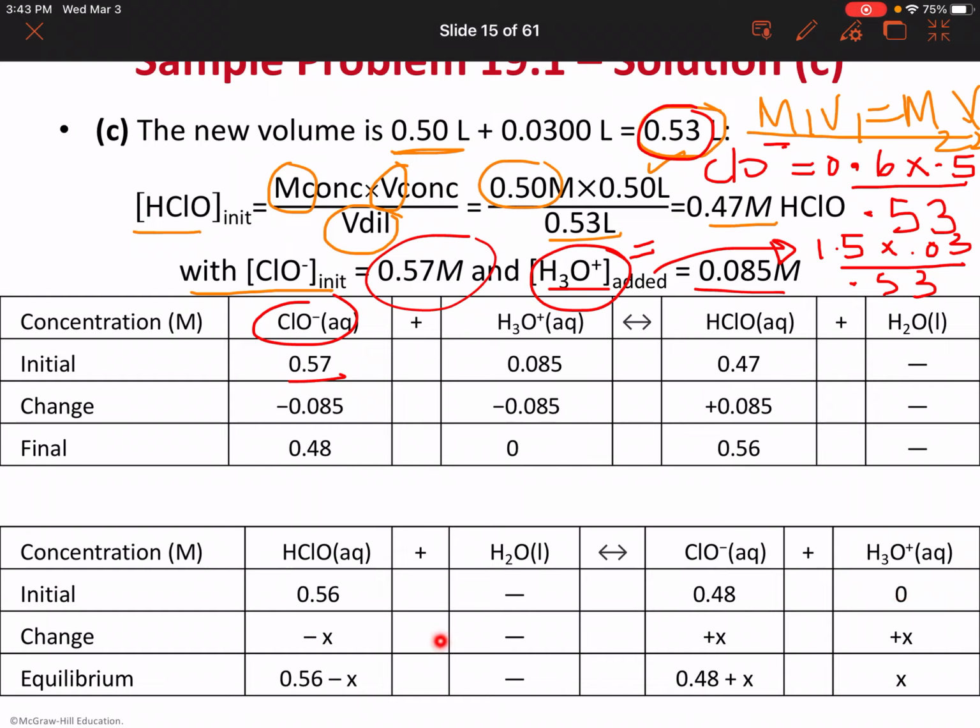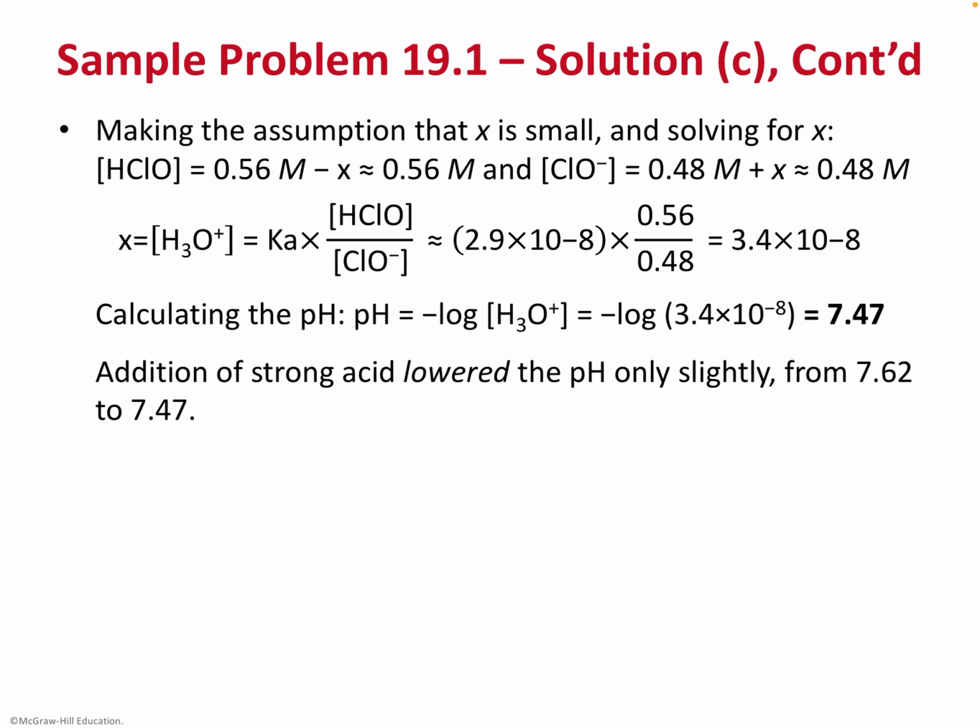You put your change as positive X, the difference 0.56 minus X, and then using the Ka we find the hydronium ion concentration using our assumption. 0.56 minus X equals 0.56, and 0.48 plus X equals the same amount, and then X is the hydronium ion: Ka times acid over conjugate base. So the acid amount is 0.56, the base 0.48.